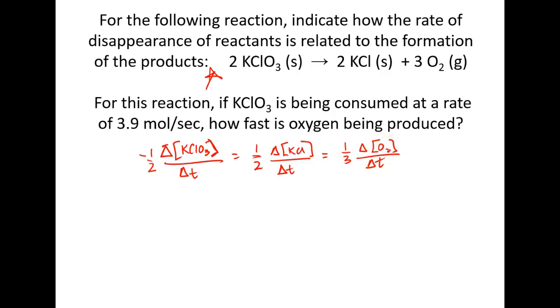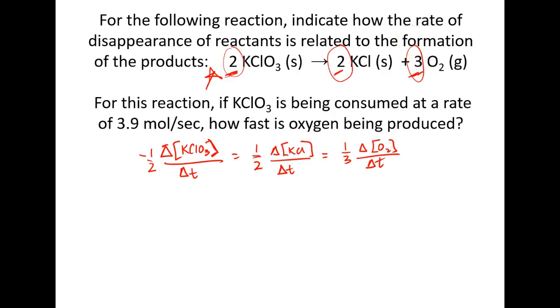change in concentration of KCl over change in time equals positive 1/3 change in concentration of oxygen over change in time. And at first, kids get really hung up on the numbers involved, but if you think about the coefficients, 2 to 2 to 3 ratio, the coefficient for KClO3 is 2, and KCl is 2, and oxygen is 3, a 2 to 2 to 3 ratio.